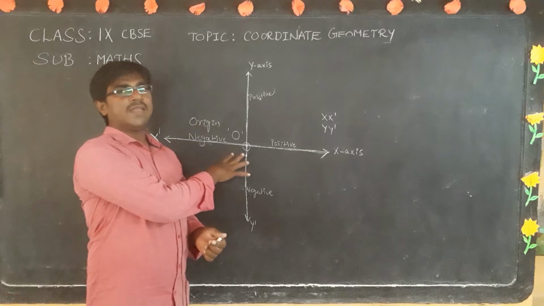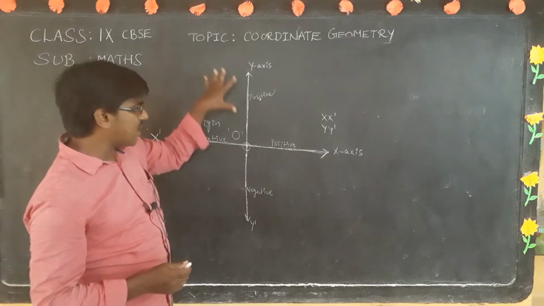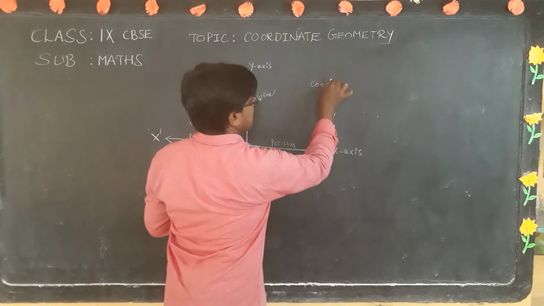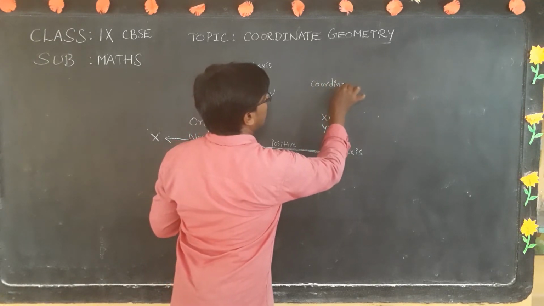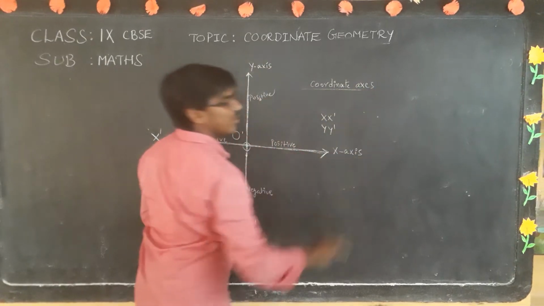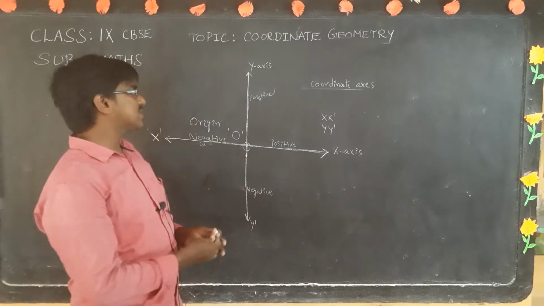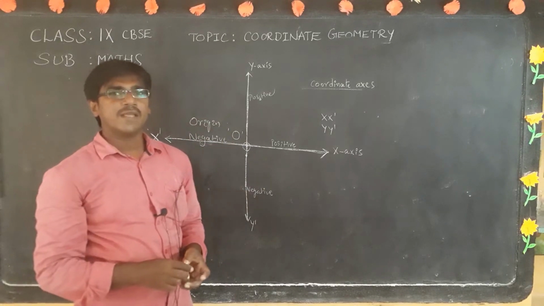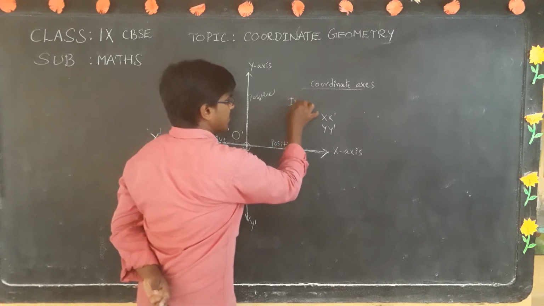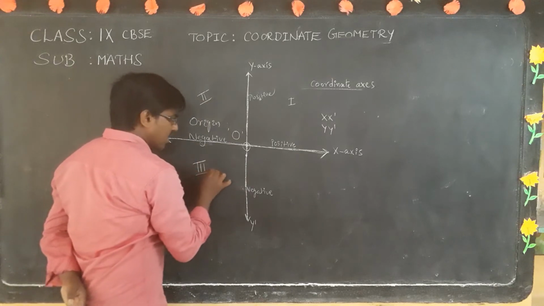In a plane, the x-axis and y-axis together we call the coordinate axes. These coordinate axes divide the given plane into four parts: first, second, third, and fourth.